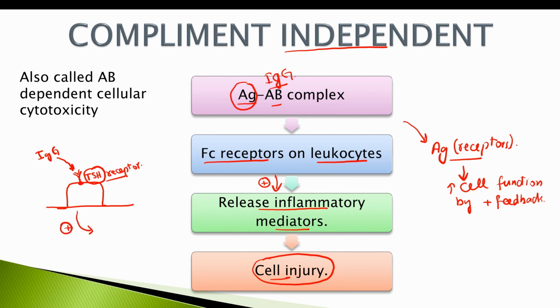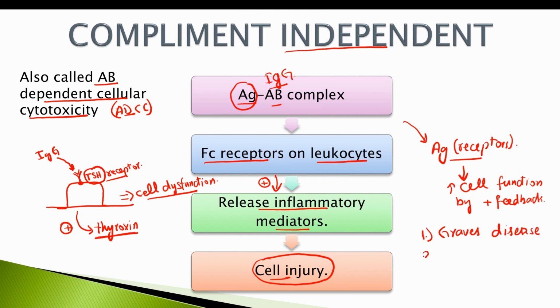As a result of attachment of this IgG antibody to the receptor, there is excessive secretion of thyroxine by the thyroid gland. In this case, there is no cell destruction, but there is cell dysfunction. So this mechanism is also known as antibody-dependent cellular cytotoxicity. The examples of this mechanism include Graves' disease and myasthenia gravis.